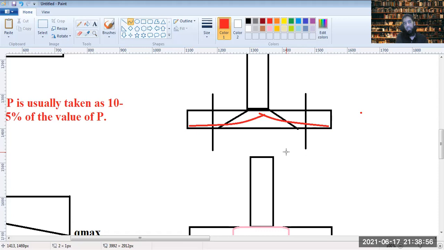Now, how would that design be based? It will be based on the moments that are generated within the footing. So, whatever the moments that are generated within the footing, we provide a mesh of the longitudinal reinforcement along the length of the footing and distribution reinforcement along the width of the footing.